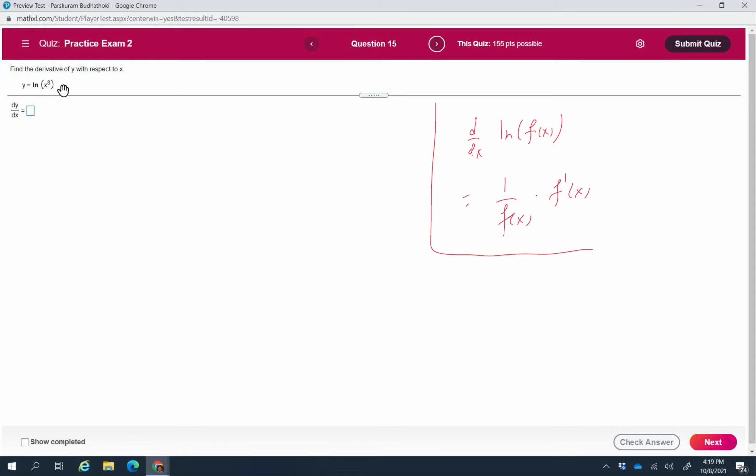For finding the derivative of a function like this, we need to use this formula. If you are looking for the derivative of ln of some function of x inside the parentheses, the derivative is 1 over whatever you have inside the parentheses, times the derivative of the function inside the parentheses. So in our case, ln x to the power 8, the derivative according to this formula is 1 over x to the power 8 times the derivative of x to the power 8, which is 8 times x to the power 7.